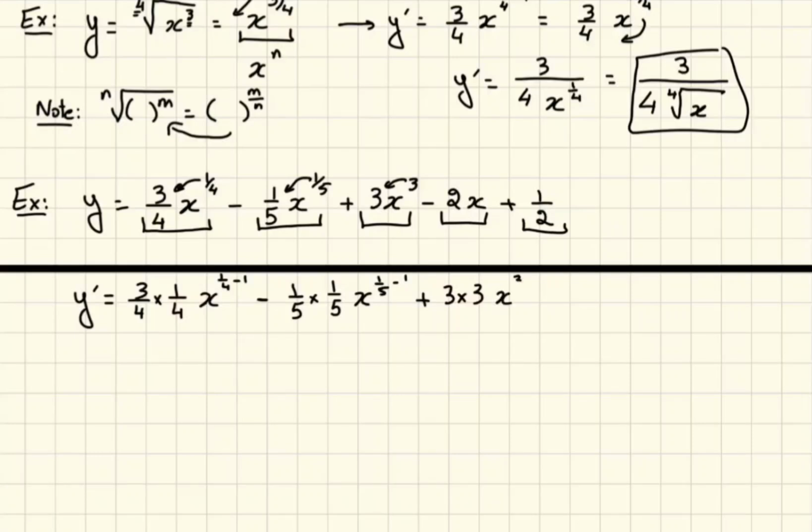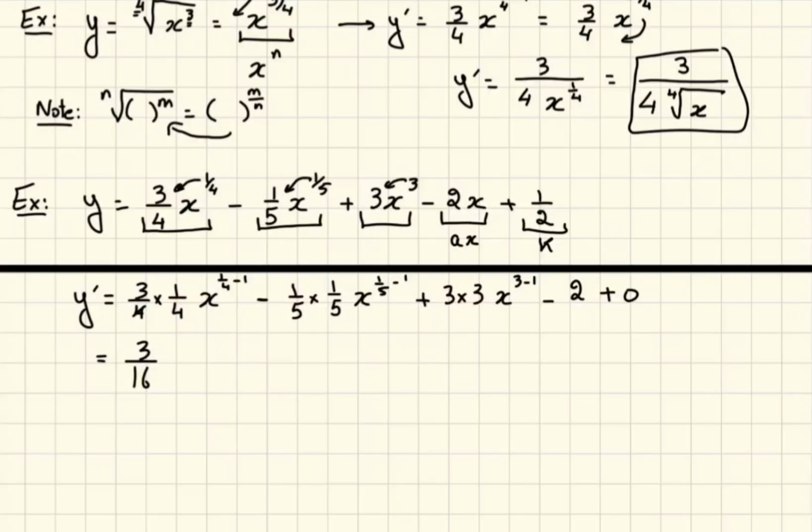X exponent 3 minus 1 minus, for this rule, it looks like ax. Its derivative, as I said before, it's only a, so minus 2. And this number is a constant number, so its derivative will be 0. No need to write plus 0. Equals. Now, 3 multiplied by 1 is 3. 4 multiplied by 4 is 16. Please don't simplify these.